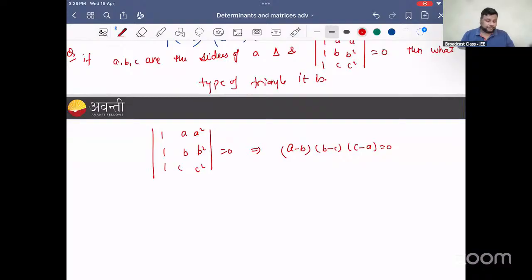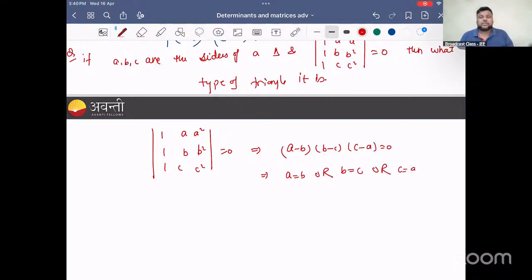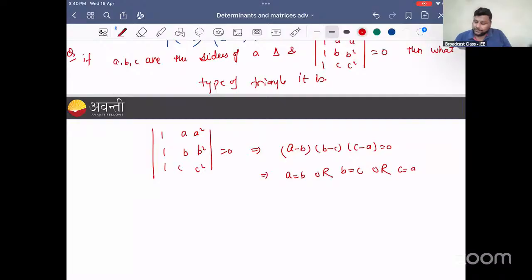Yes or no? Yes, sir. Now, if they are 0, this implies a equals b or b equals c or c equals a. So if it is happening, that means the triangle is isosceles, same length, either this or this or this.